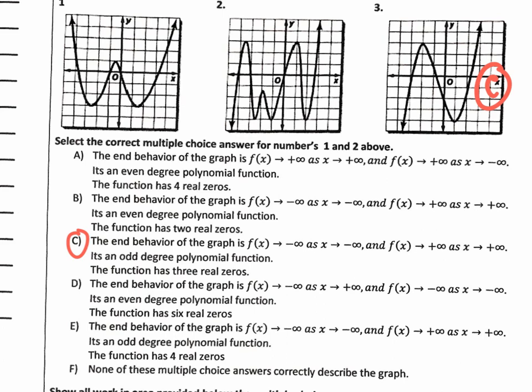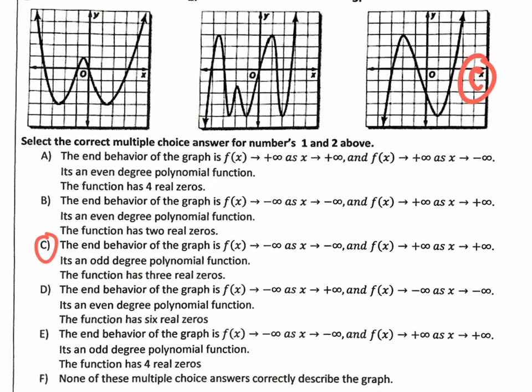I don't know. A. A says the end behavior of a graph is f of x goes to positive infinity as x approaches positive infinity. So what does this really mean? It says the graph goes up to positive infinity as you look at it where? To the right. Okay, so this one goes up as you go to the right.